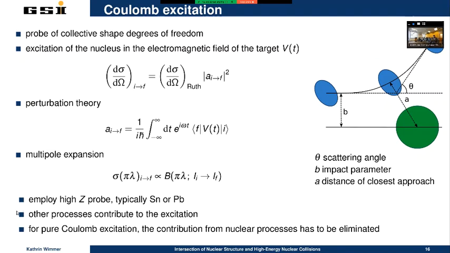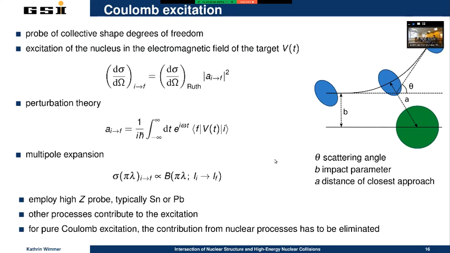Now, the devil is in the detail, because in this case you assume pure Coulomb scattering, so you're very peripheral and the two nuclei do not touch each other, or there's no interaction by nuclear forces. And this, in the experiment, of course, you cannot avoid.